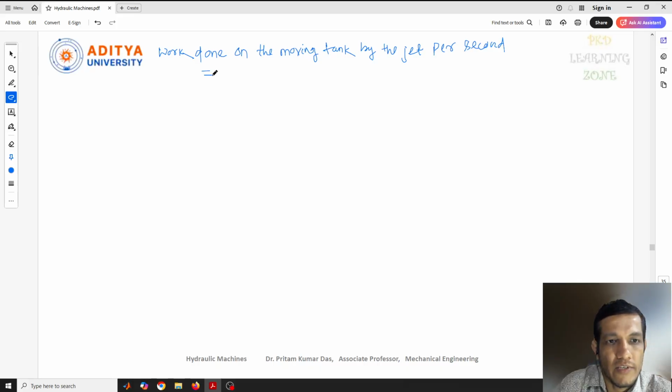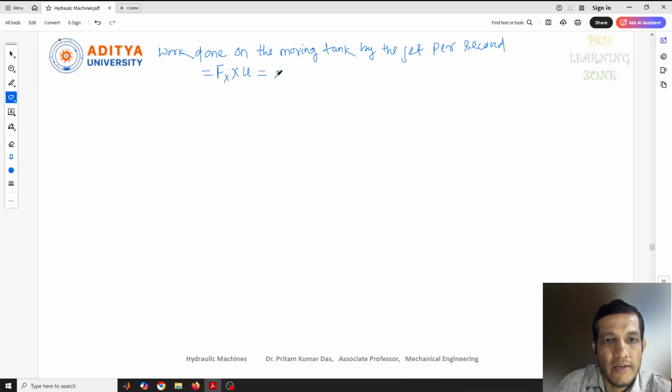What is the formula for this? It is nothing but Fx into distance per time, force into distance per second. The distance traveled per second we can write as velocity, so Fu.